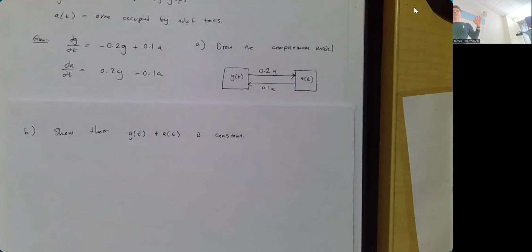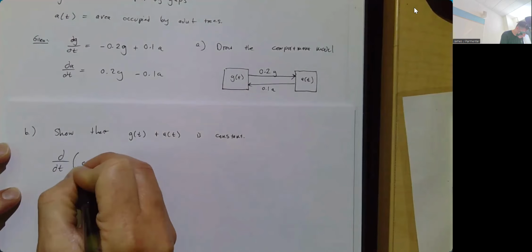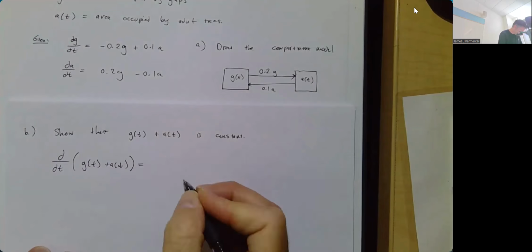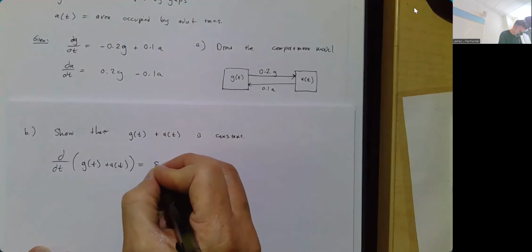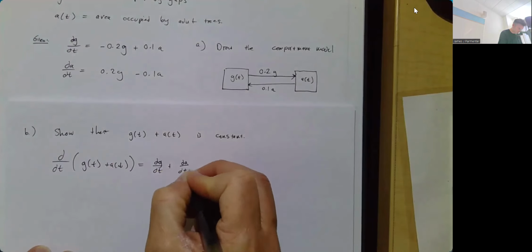Okay, thinking back to maybe 17a, how would you show a function is constant? Or if a function is constant, what do we know is true about its derivative? Exactly. The first derivative has to equal 0. Great. So let's take the derivative. The derivative of G of t plus A of t is equal to dG/dt plus dA/dt.